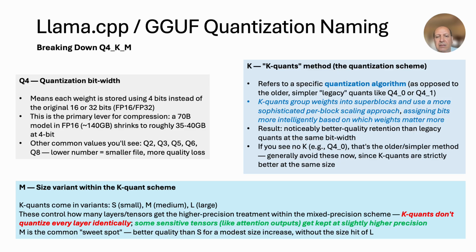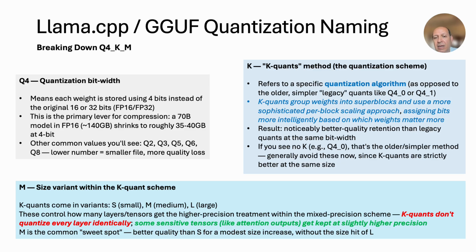K stands for the quantization scheme, meaning which quantization scheme we are using. So here we're talking about the algorithm of the quantization. K-quant groups weights into superblocks. So what the K-quants does is group the weights, or the real numbers, into superblocks. This superblock can have a size of 32 or 128 or even more, and then uses a more sophisticated per-block scaling approach.